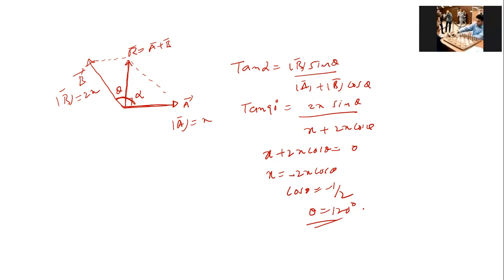Sir, yesterday you had given a formula for tan alpha if the resultant is perpendicular to the vector, sir. So you told tan alpha is B by A. Vectors are not perpendicular here. Here the resultant is perpendicular to A in the question.